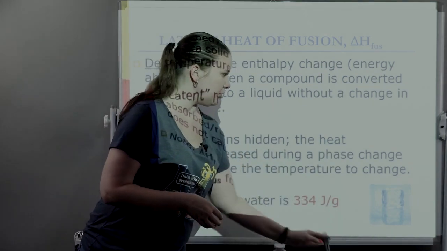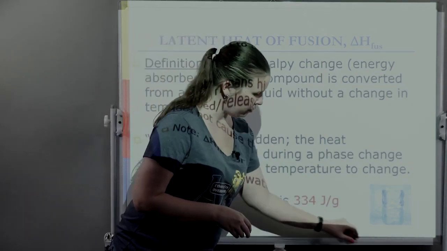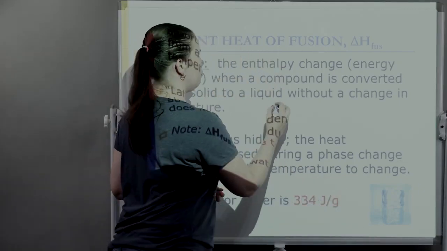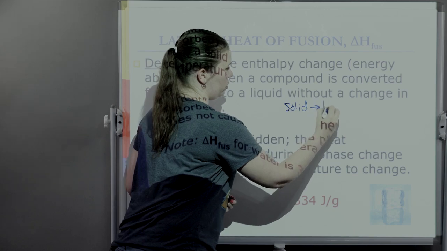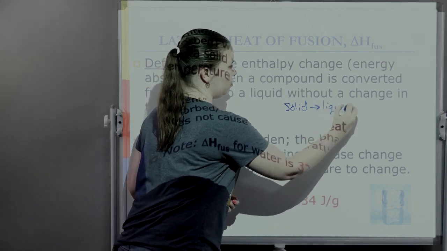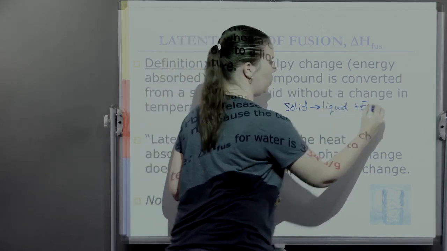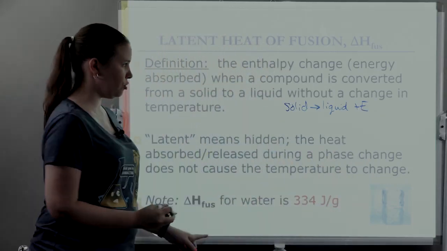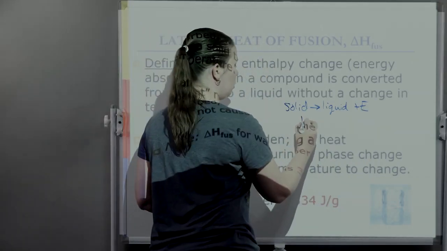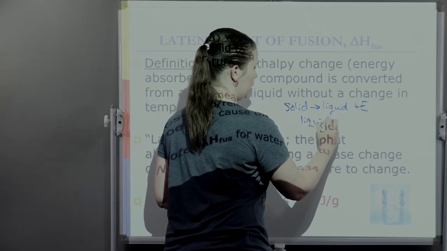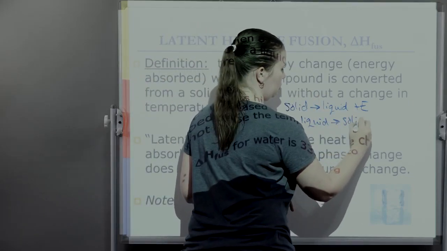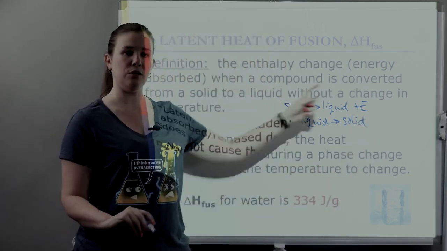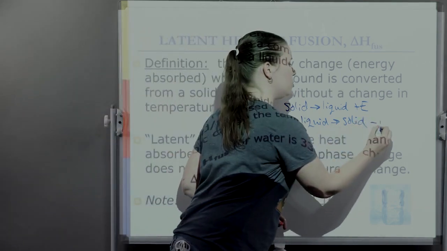It is going to have a different sign though, depending on what phase change is occurring. If we're going from solid to liquid, the particles would need to move faster, meaning we would need an input of energy. So my heat of fusion would be positive. But if I'm going from liquid to solid, those particles now need to get closer together, meaning they have to lose energy.